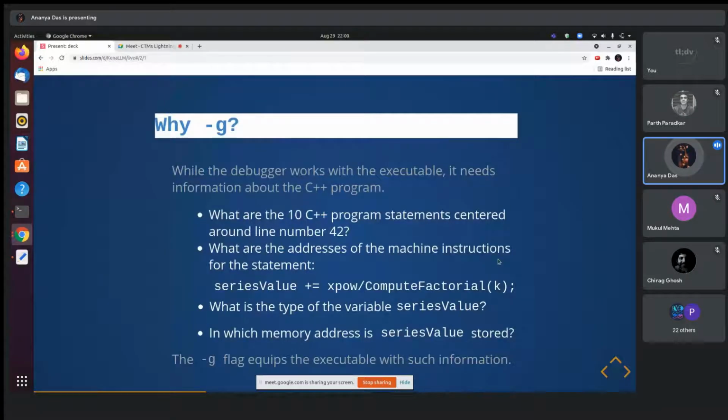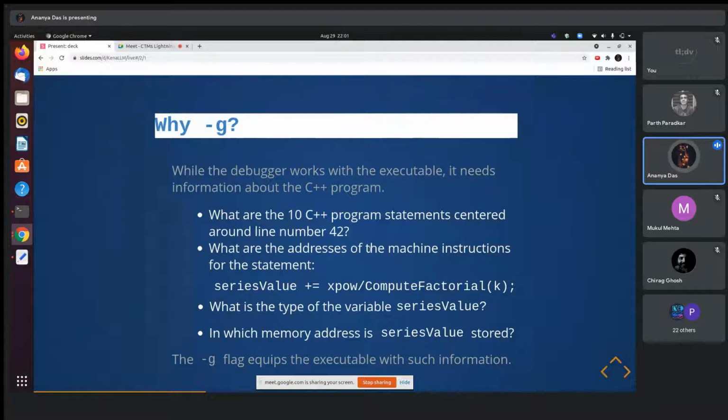So why is it that we compile using the -g flag, you may ask? The reason is that while the debugger works with only the executable, it has to relate the executable with the source program. So I have only the executable in hand. It consists of only machine instructions. But at some point, for the convenience of the user, I have to relate what I have with the source program from where this executable came from.